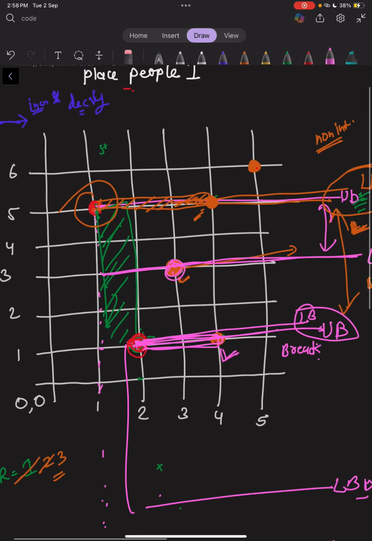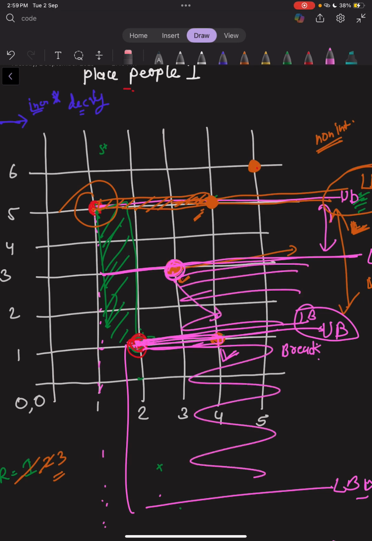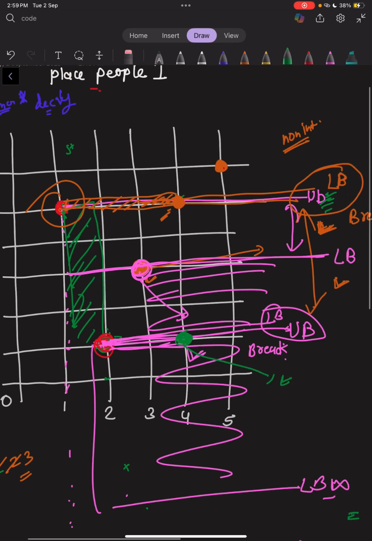Now we will go to the next point, and for this point the boundary will be this whole one, and then when we compare it with this point, this is coming under the correct condition, so this will be considered as a correct point, and this will create a valid rectangle starting from this point.